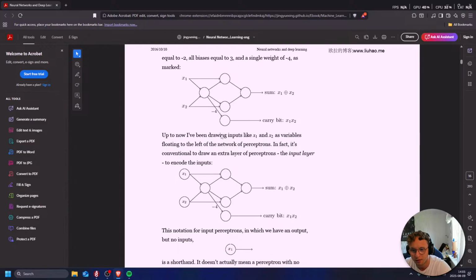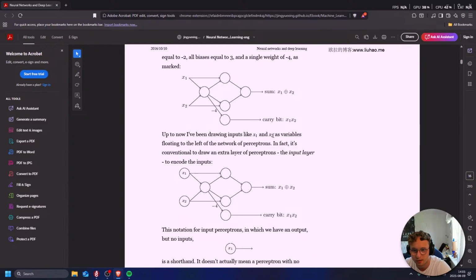So up to now, I've been drawing inputs like this: x1 and x2 as variables floating to the left of the network. It is conventional to draw an extra layer of perceptrons, the input layer. So this is quite good to know. We have the input layer and the output layer, and these are the hidden layers or the extra layers.